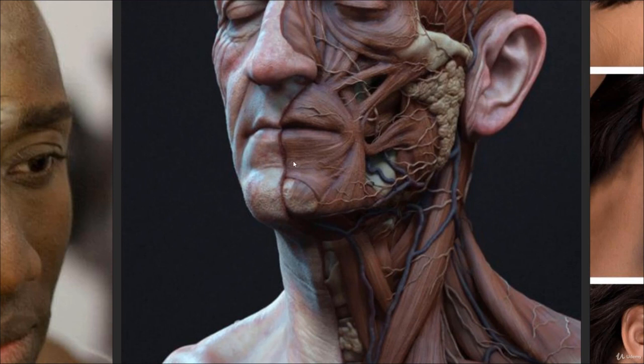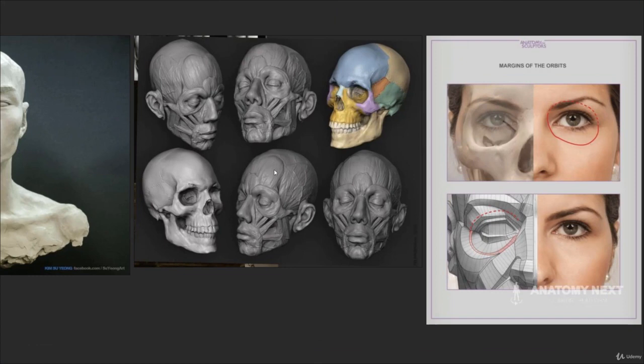Note how here we're going to have this nice muscle that comes in this direction, right? Let me see.